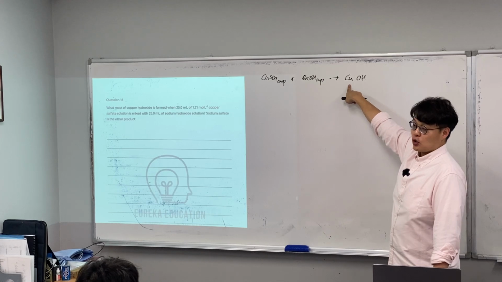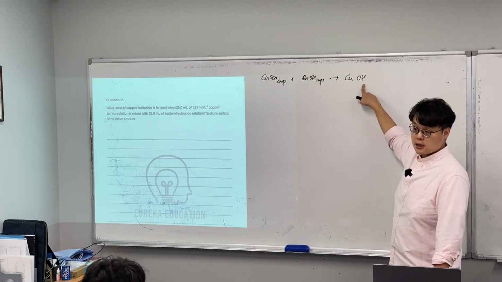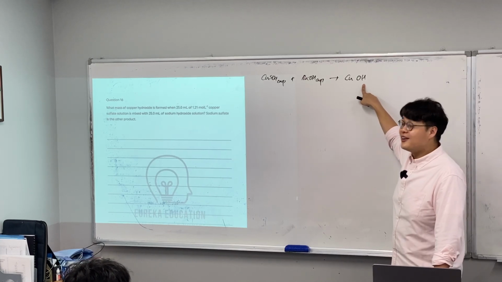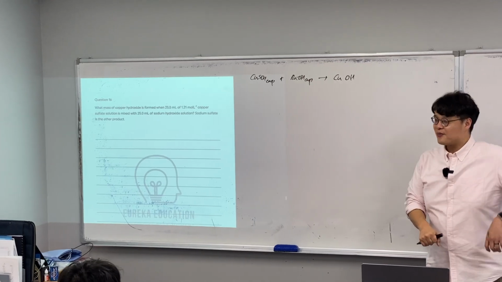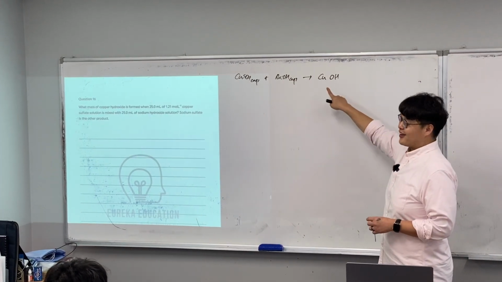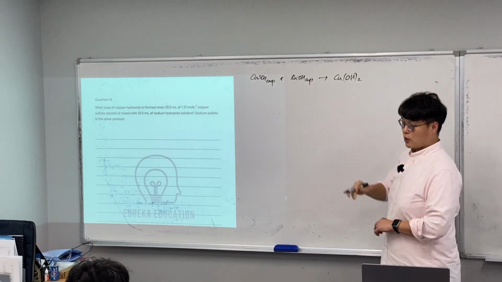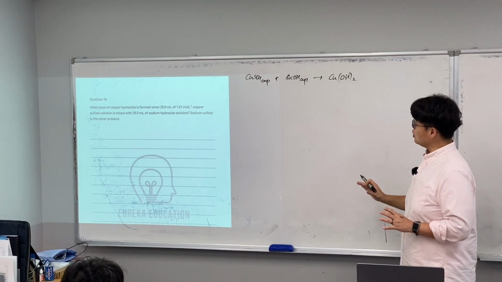The valency of copper 2 is 2 plus. The valency of the hydroxide is 1 minus. 2 plus and 1 minus means that we need 2 of those to balance that out. You have to catch that really quickly.